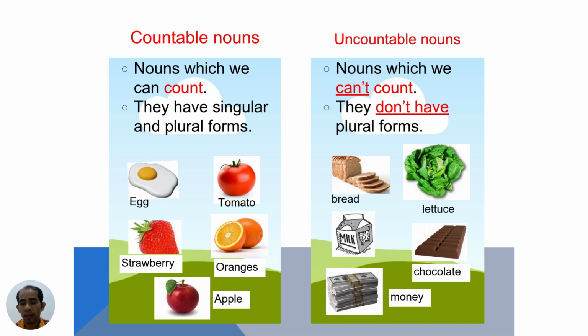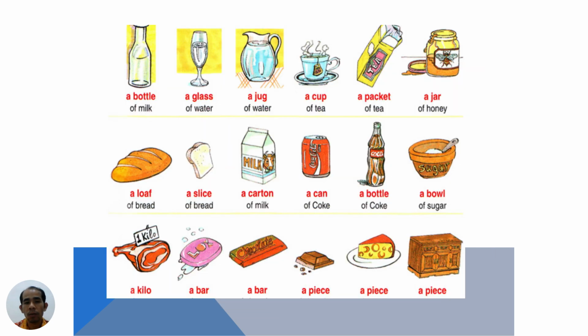Money. And I will show you some examples of uncountable nouns with the measurement. All of the red color above, we call the measurement.